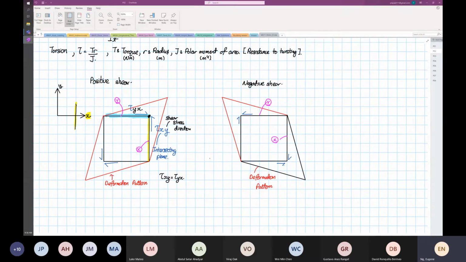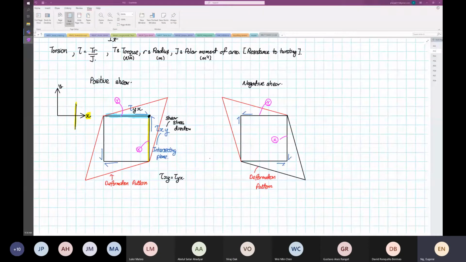I want you to see this. First, before I start drawing the Mohr circle, both positive and negative shear are as good or as bad. There's no positive shear being better than negative shear.